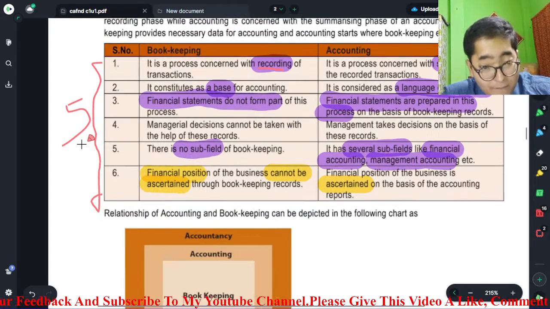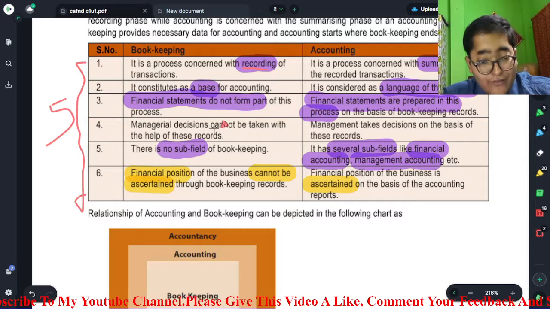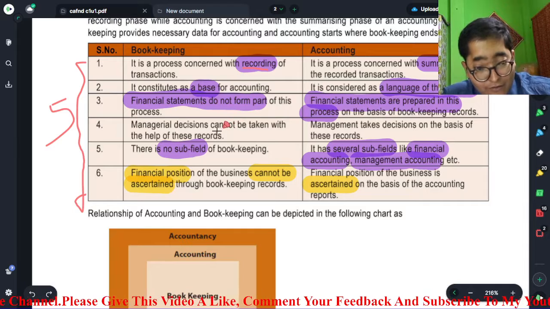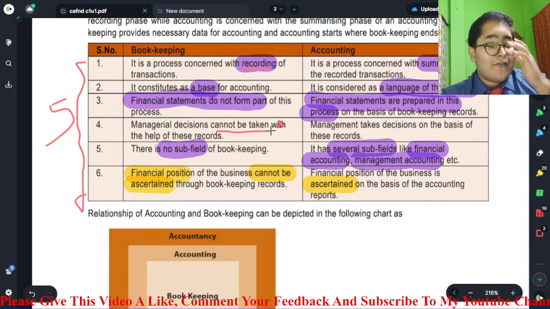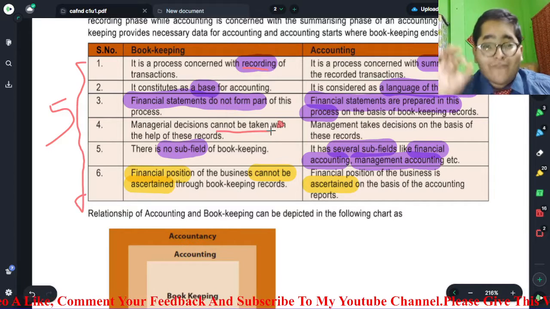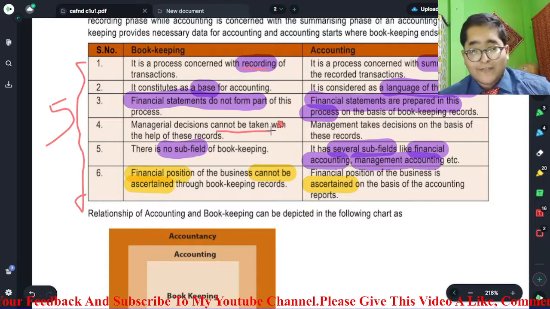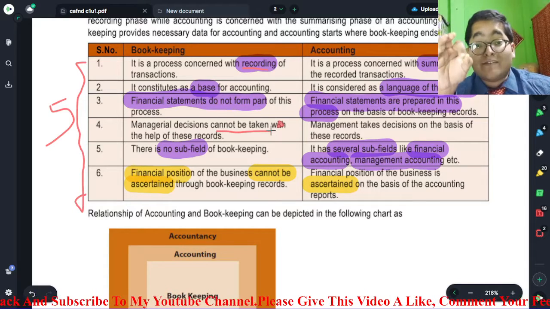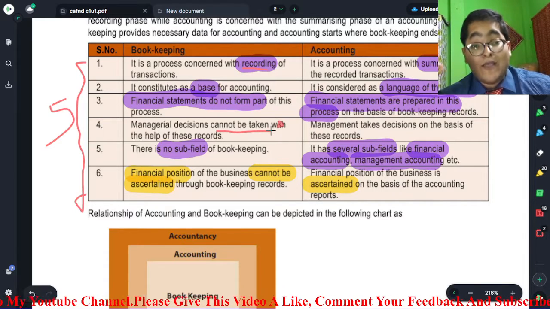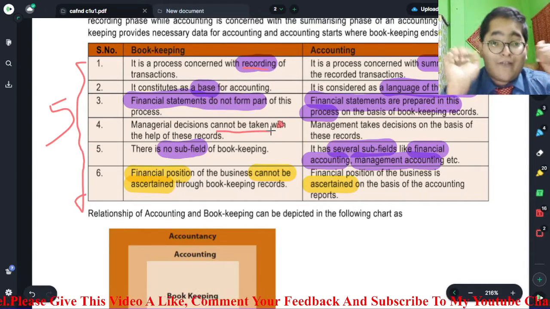Managerial decisions cannot be taken through bookkeeping. For example, you have written that expenses are 5,000 rupees. Will that writing be important for the managers, or will the managers depend on accounting, which says the expense of 5,000 rupees is more than last year by 2,000 rupees?